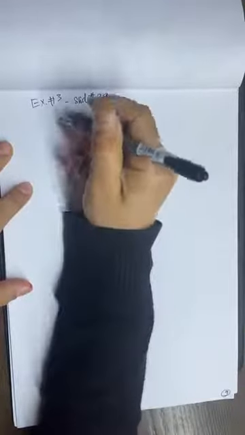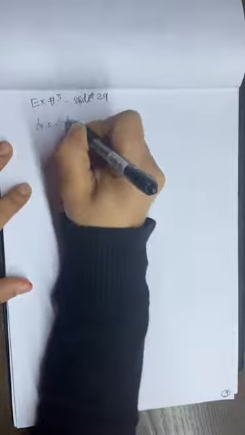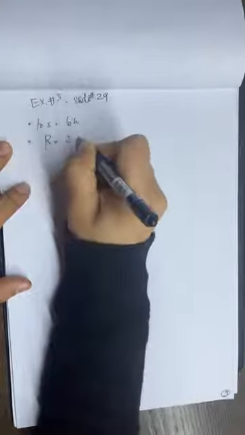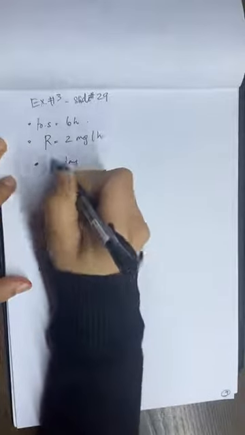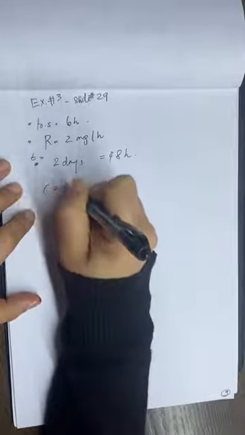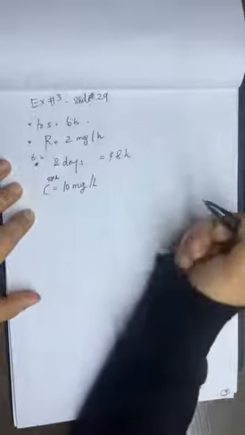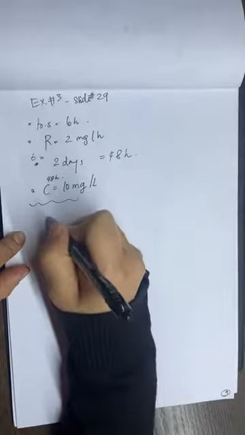You have a patient who was given an antibiotic with a half-life equal to 6 hours, and you have a constant IV infusion rate of 2 milligram per hour. At the end of 2 days, which means 48 hours, we have a serum concentration equal to 10 milligram per liter. Calculate the total clearance of this antibiotic.